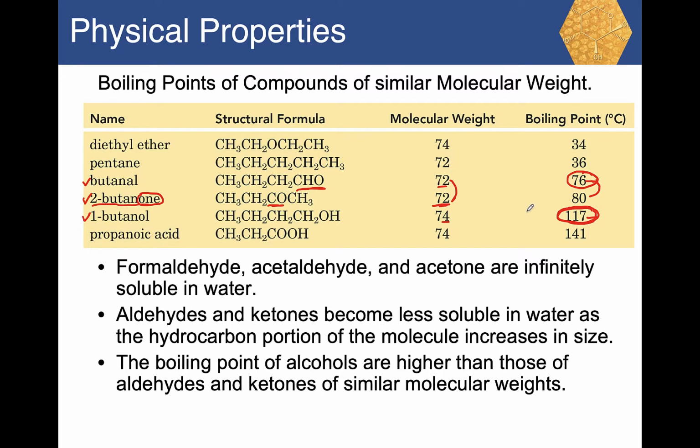Why? Because there is no hydrogen bonding possible between molecules of butanone, and there is no hydrogen bonding between molecules of butanal, but there is hydrogen bonding between molecules of butanol because it's an alcohol.